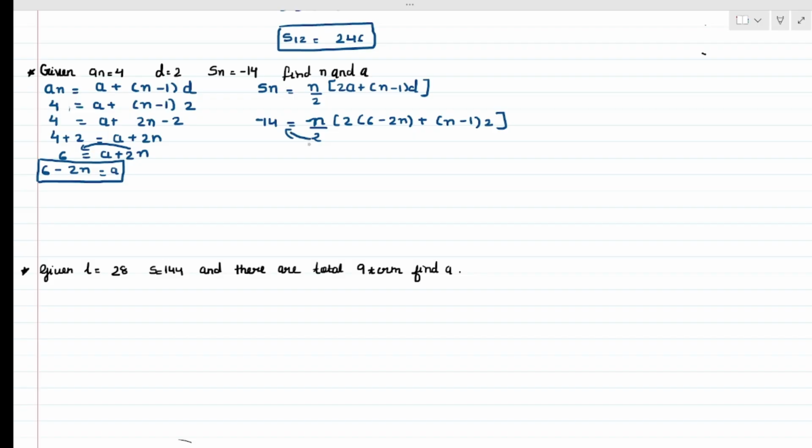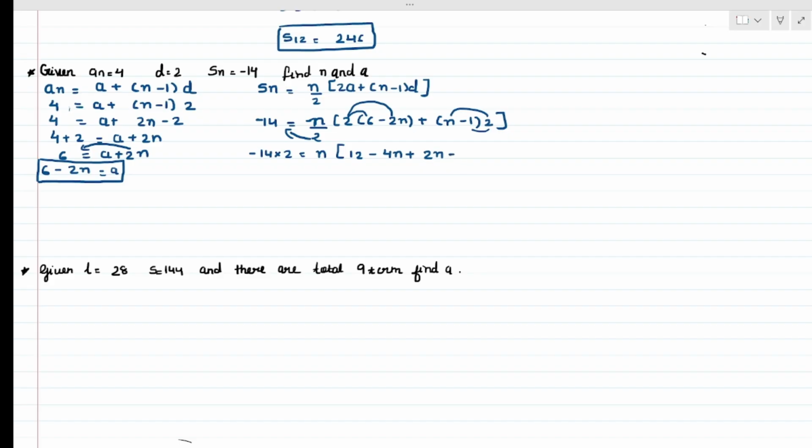2 goes over there. That means division goes to multiplication. You will get minus 14 multiplied by 2 is equal to n times (2 sixes are 12 minus 4n plus 2n minus 2). The 2 will be multiplied by 6 as well as 2n, and the 2 will again get multiplied by n and again with 1.